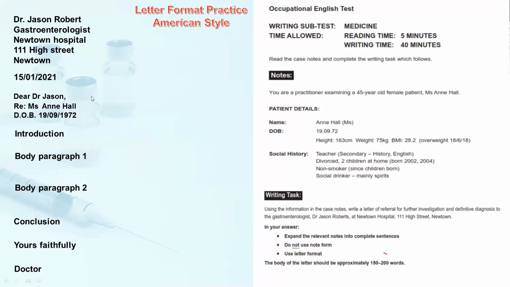We will correct them. The note regarding the comma in the greeting or salutation: if you want to write this comma, like Dear Dr. Jason, comma, you have to include a comma in the closer here, Yours faithfully or Yours sincerely, comma.